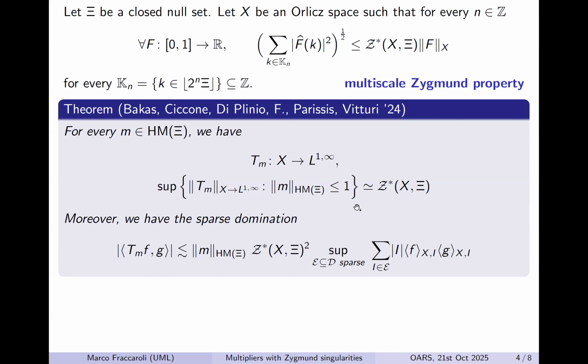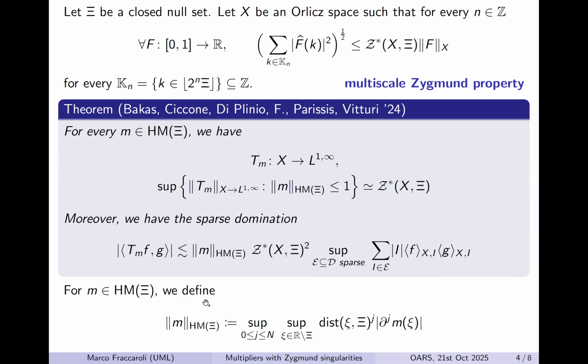Okay? And not only do we have the endpoint estimate, but we also have a sharp sparse domination of the form associated with the operator, where now we have the Z* constant popping out, and the averages that appear in the sparse domination are not L1 averages, but averages in the norm X. Of course, otherwise we would have obtained better endpoint estimates.